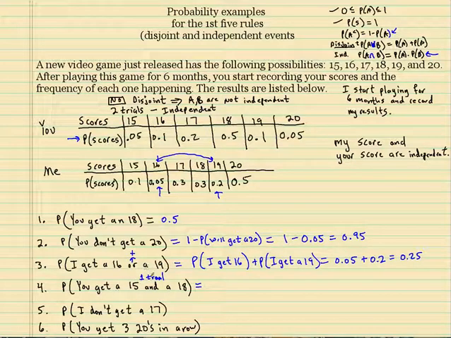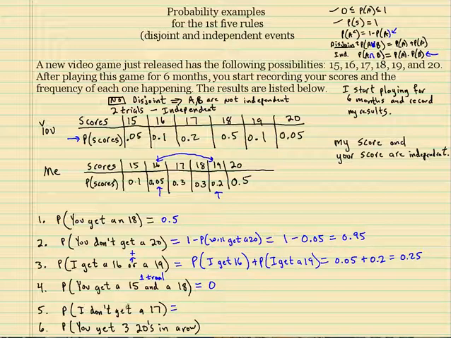It's a little vague, but you get a 15 and an 18 on one trial. That can't happen. So it's 0. There's no chance you could get both. Okay? So don't go and use this formula, probability of A times probability of B. It will be wrong.